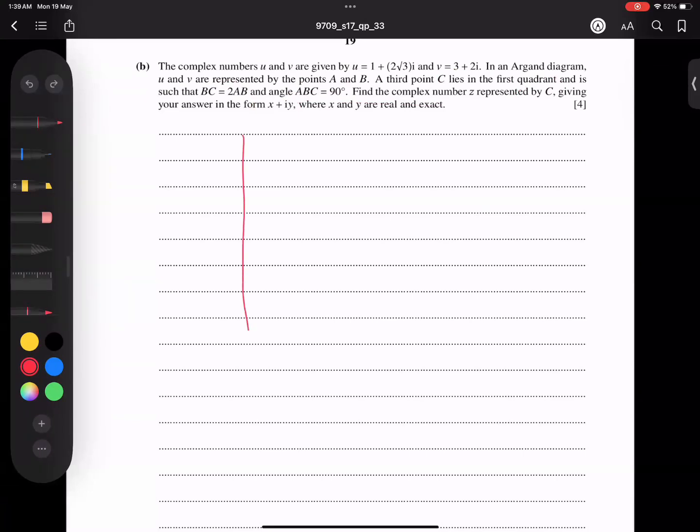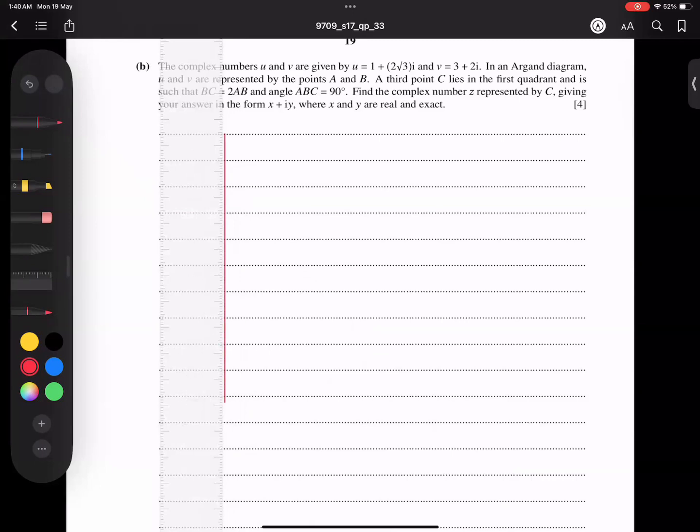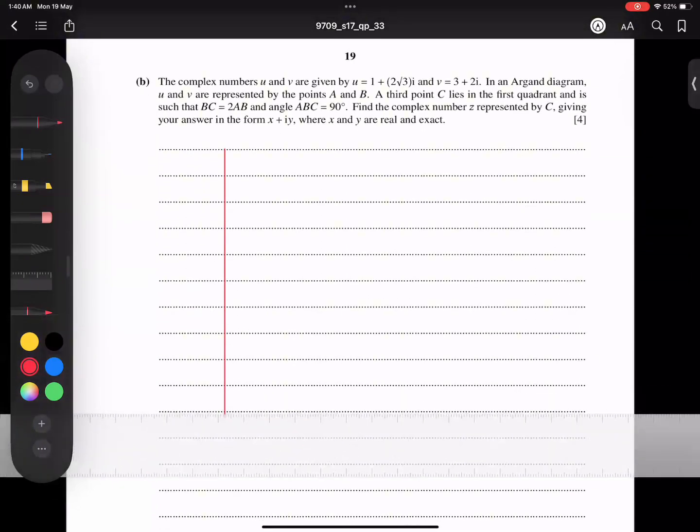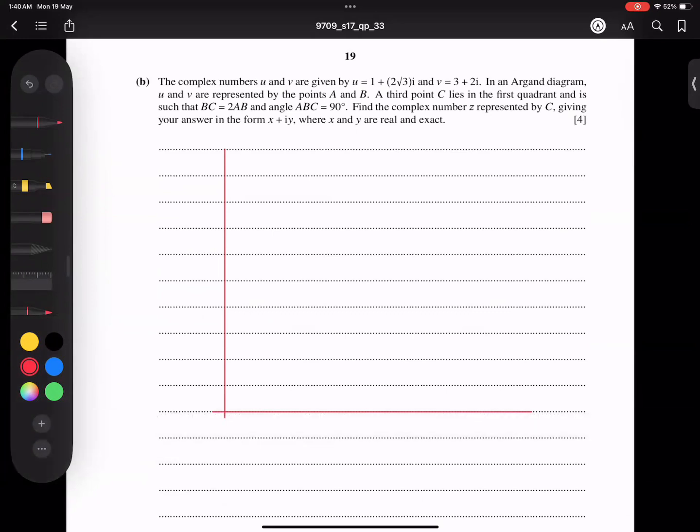So first of all, I'll try to draw it. I use a scale, the best idea. Then I mark here 1, 2, 3, 4, and the same here, 1, 2, 3, 4.